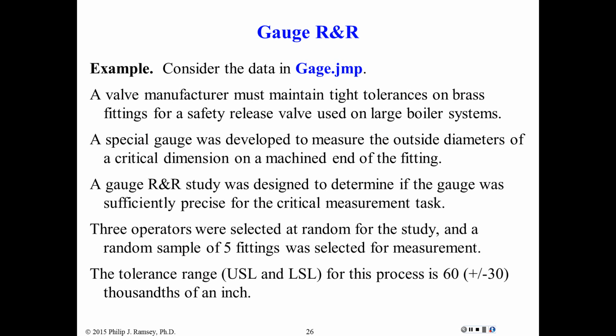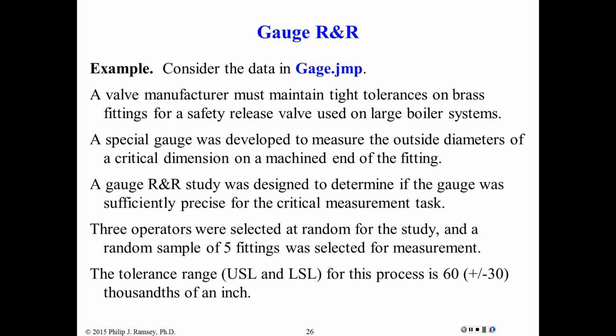Okay, and for this study, they picked 3 operators and a sample of 5 fittings. And by the way, these are not the actual specs, these are rather loose. The specifications were the target is 60 thousandths plus or minus 30 thousandths.